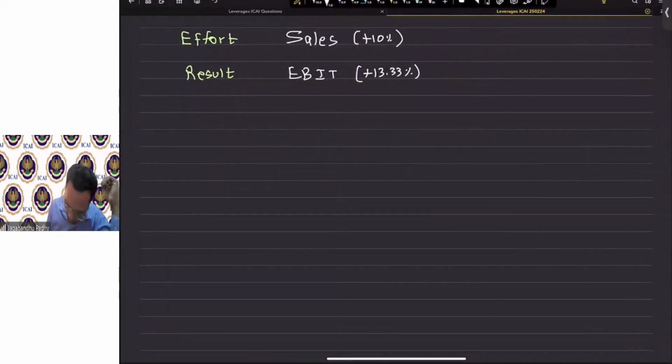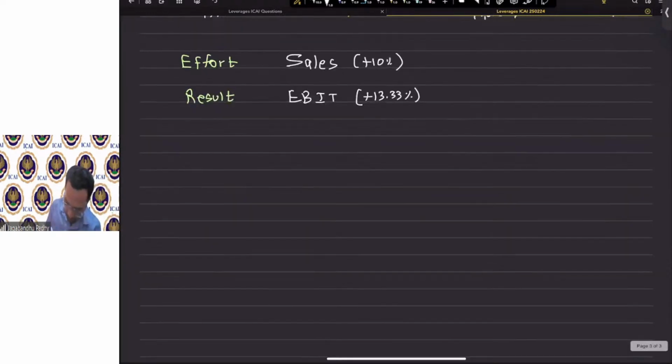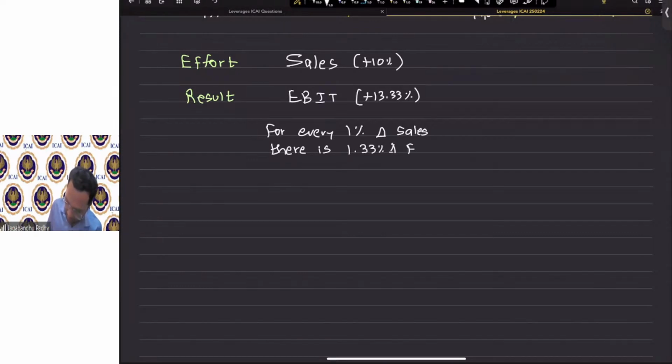So if I ask you the sensitivity of EBIT with respect to sales, we will say for every 1% change in sales, there is a 1.33% change in EBIT, right? And this is what we call operating leverage.